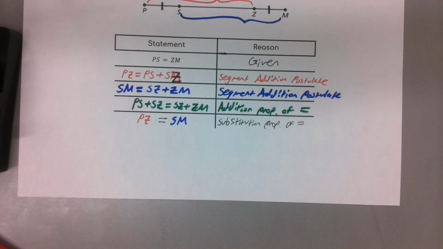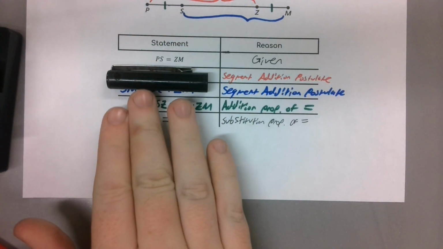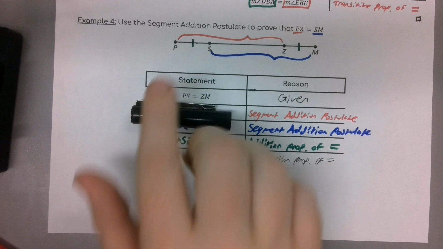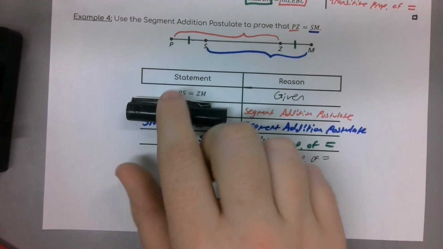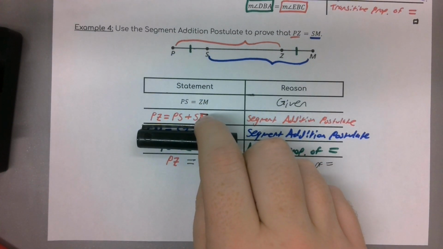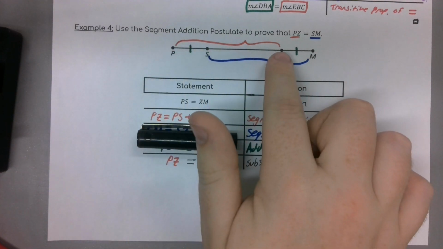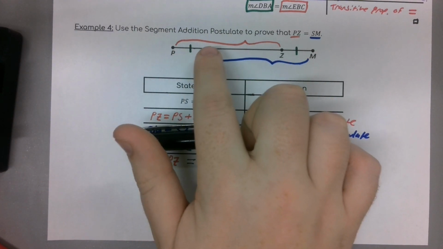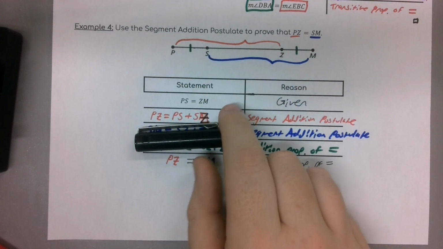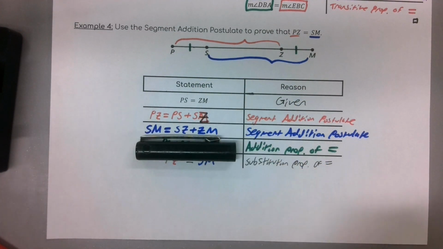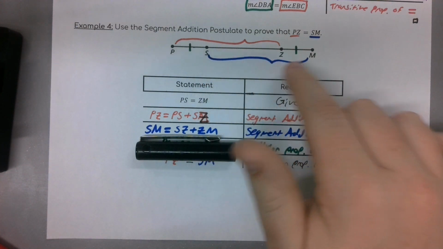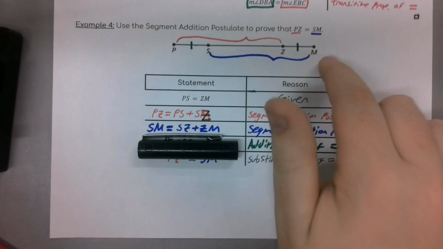We're starting with two segments, PS equaling ZM, the green ones up here. We then notice that, hey, our big mystery segment in red, PZ, is just PS plus SZ. Similarly, our big mystery segment SM is just SZ plus ZM.